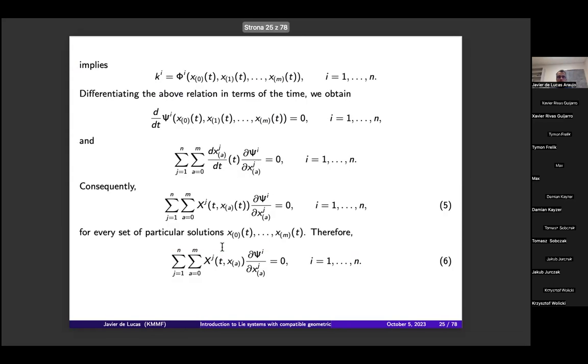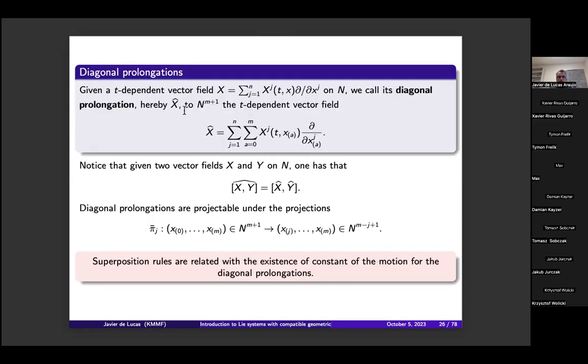So to describe this properly, you will define the so-called diagonal prolongation. And the diagonal prolongation of the manifold is nothing but a vector field on the manifold n+1, in which the coordinates of each part of the manifold will be the same functions you had at the beginning, but the x in here will be just the coordinate of one of the copies.